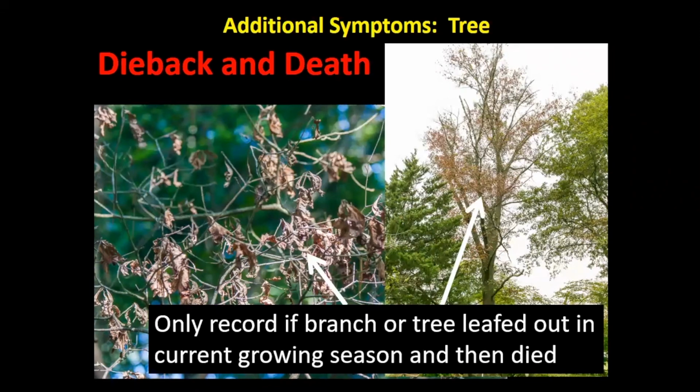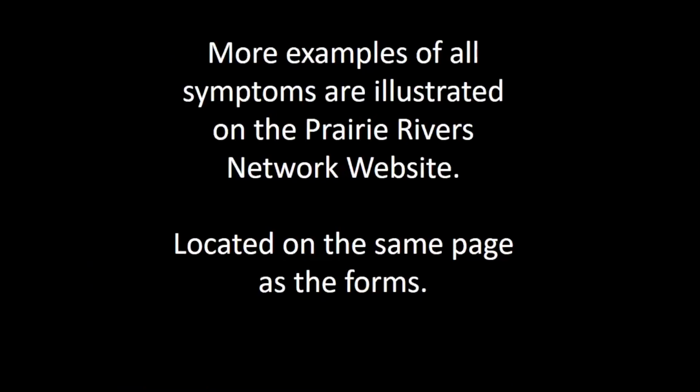Once again, you would have to know that indicative symptoms were present in the first place to record death or dieback as well. So you probably would have had to be out to look at the tree on the right, let's say, earlier in the season to see that it was green, and that it also had some indicative symptoms on it before you would record death.